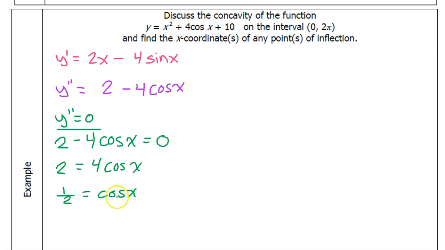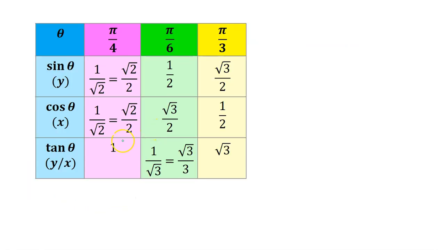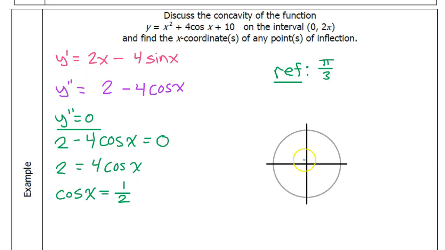I'm just going to flip these around. Where does cosine equal 1/2? Hopefully you memorized these 9 trig facts long ago, including the fact that the cosine of pi over 3 is 1/2. That tells us that the reference angle is pi over 3. A reference angle is the angle between the terminal side and the x-axis.